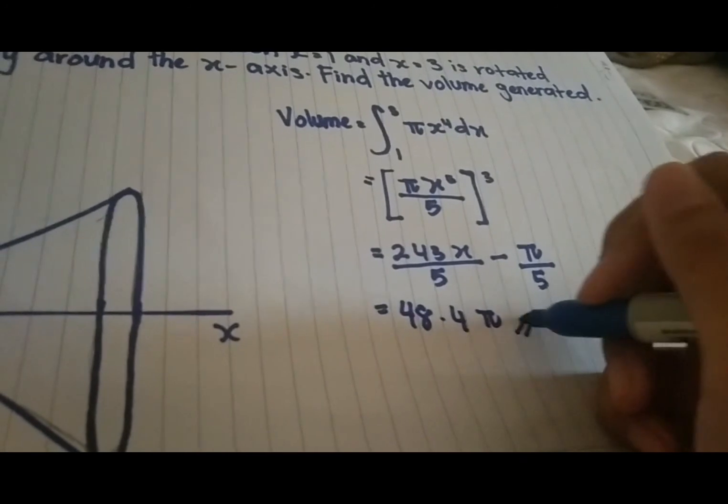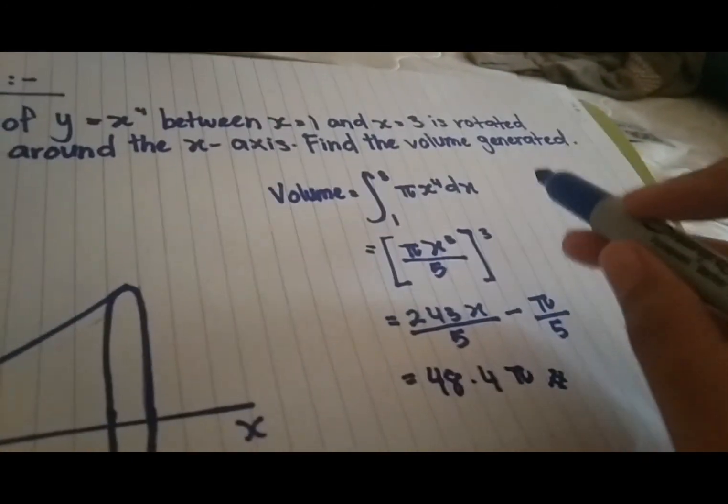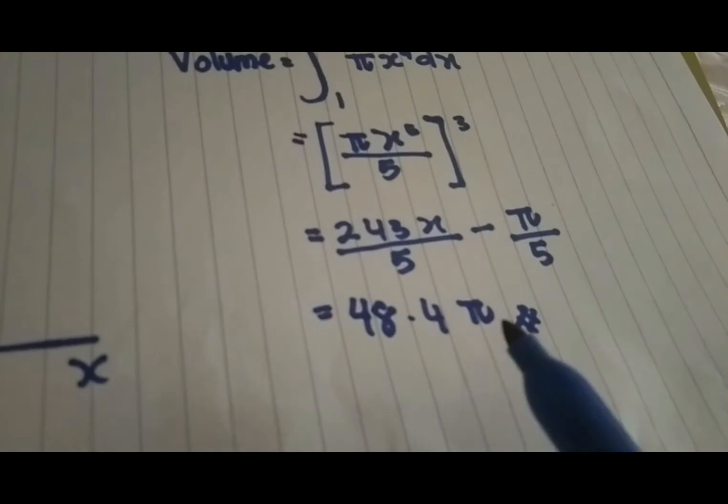So the volume generated by the graph after it is rotated completely around the x-axis, this graph, which is this one, the answer will be 48.4 pi.